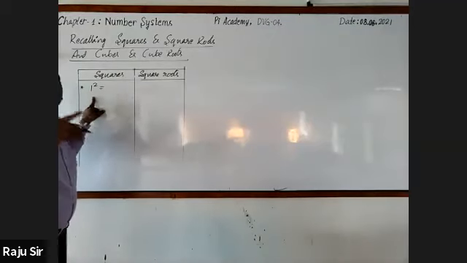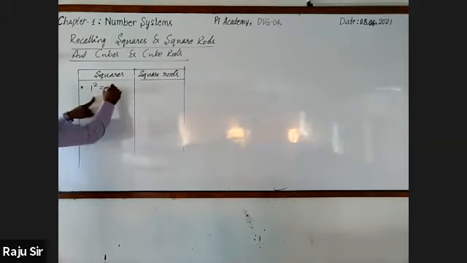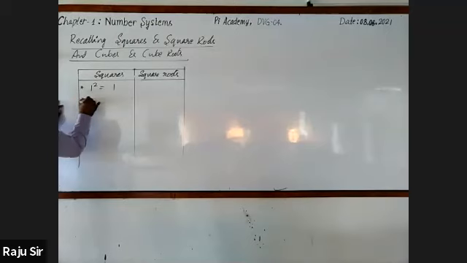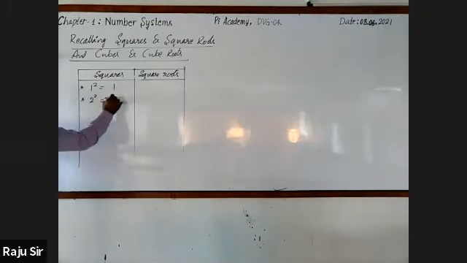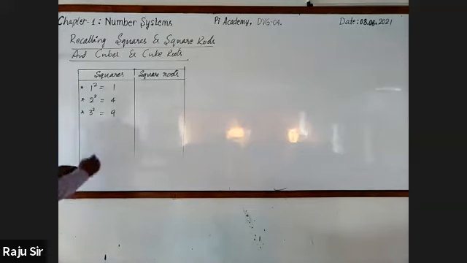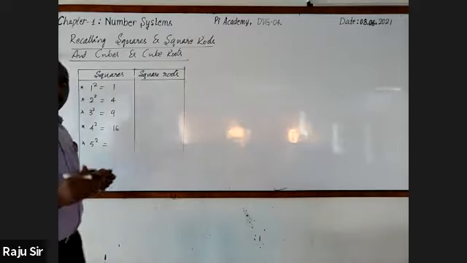Start writing with 1 square. Nothing but 1 ones are 1. Next, 2 square. 2 twos are 4. 3 square. 3 threes are 9. 4 square. 4 fours are 16. 5 square. You need not look at the board.